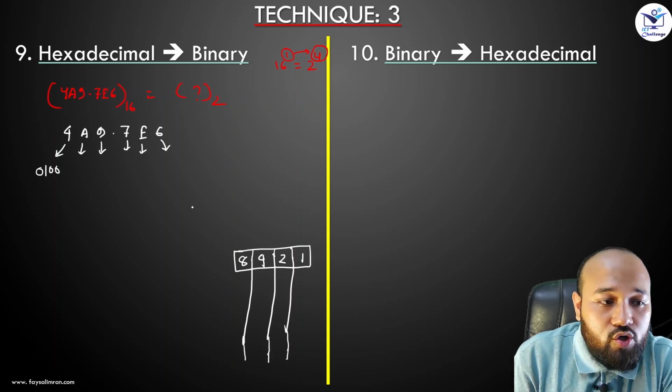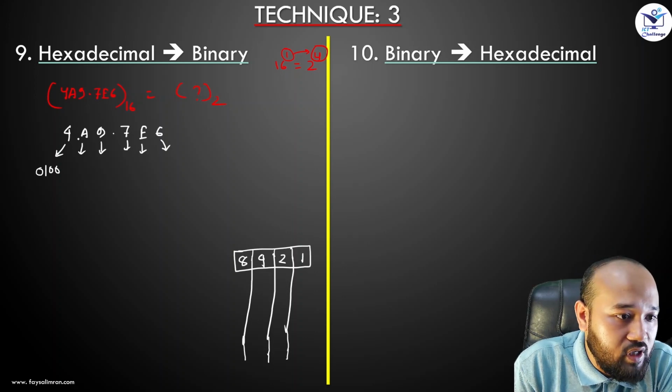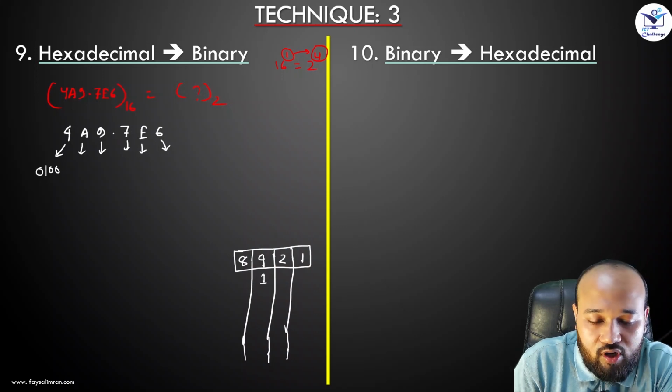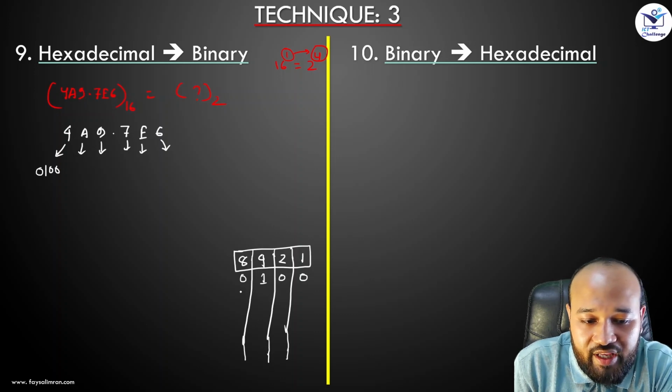So here you have to write this binary. So 4, this column only is needed for making the binary for 4, so we don't need any other column. So 0100.